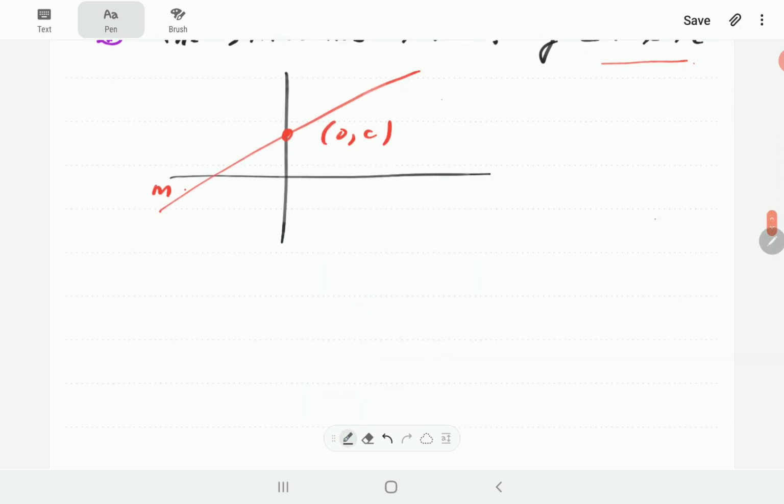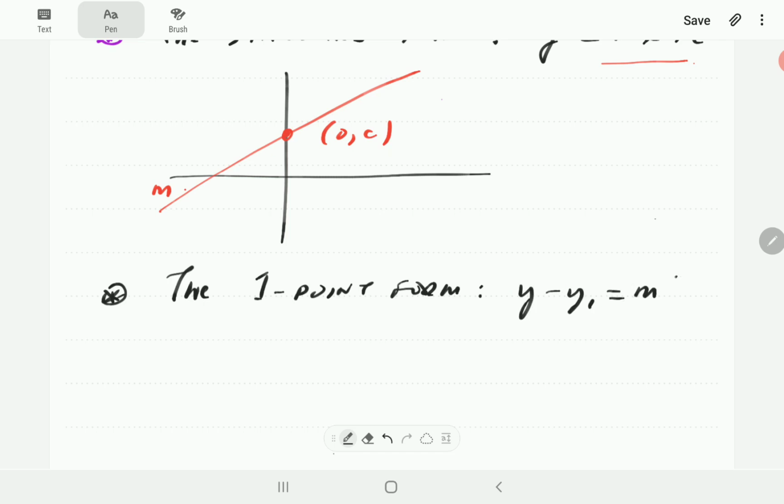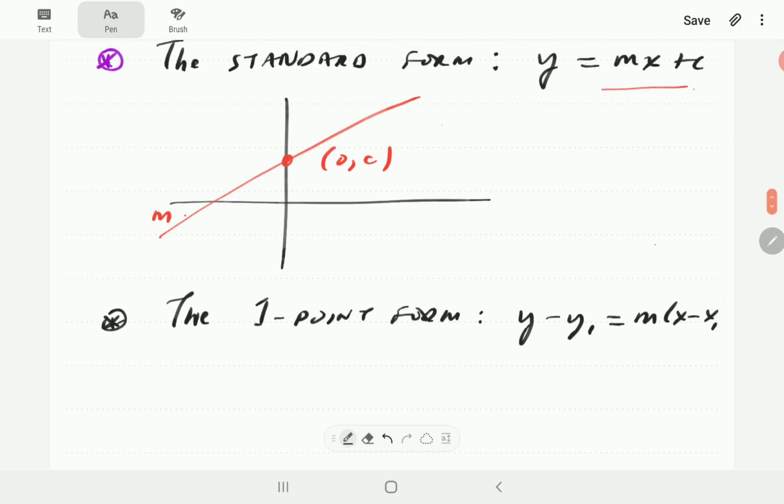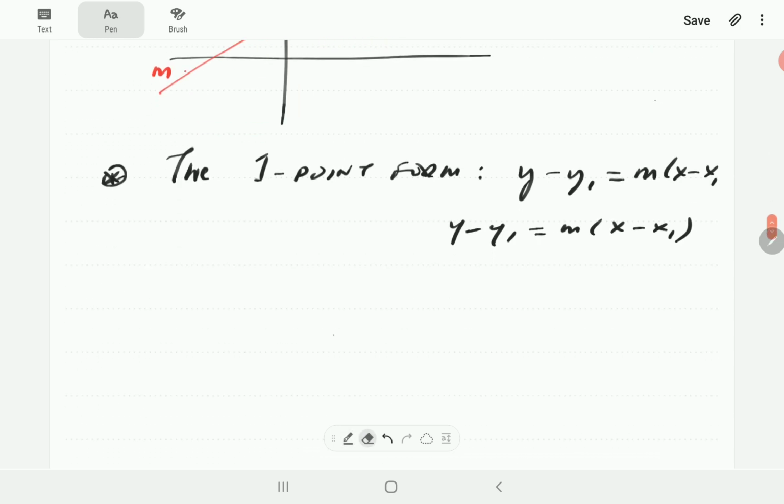Then next we have what we call the one-point form. The one-point form of the equation of a straight line says y minus y1 equals m into x minus x1.